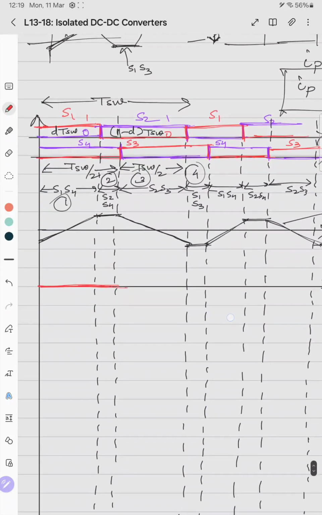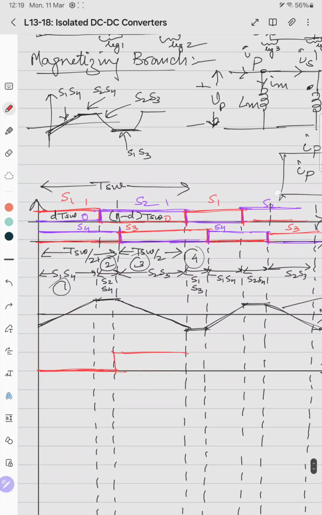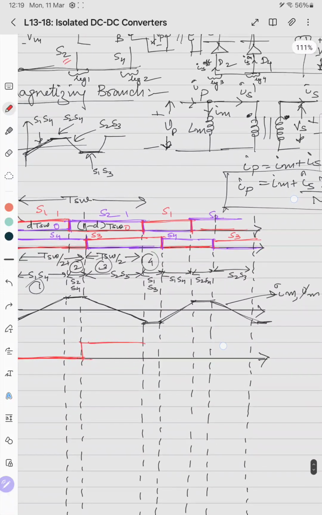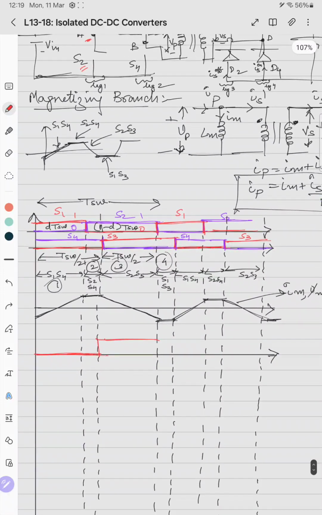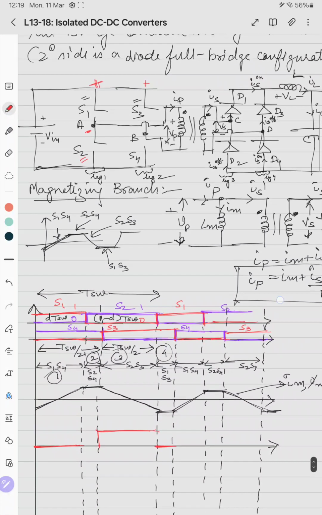So it will be V for time 3. And for the fourth time, this is when S1 S3 is on. Oh, I made a mistake here. So when S1 S4 is on, VS1 is 0. For time 2, for time 4 again it is 0. For time 3 it is plus V, as we saw S2 S3 is on.